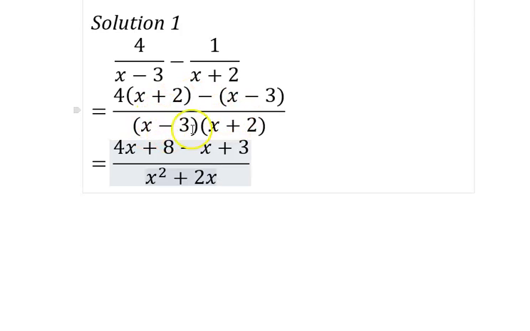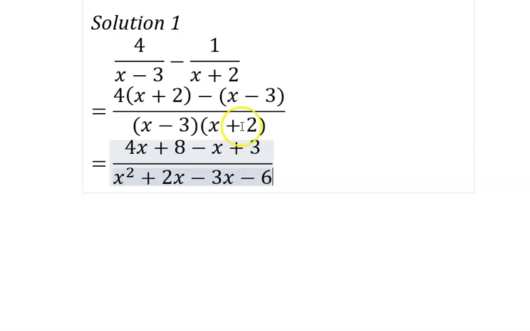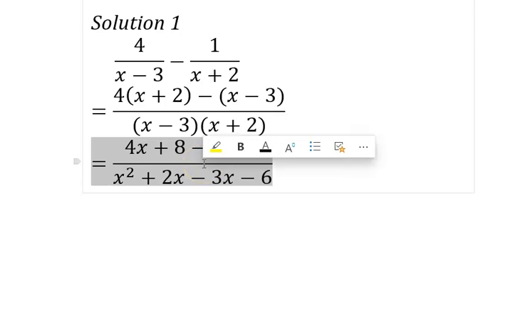We've been able to do for this. Now go to the next one. Minus 3 times x will give us what? Minus 3x. And minus 3 times 2 will give us what? Minus 6. Beautiful. So we open up the brackets for the numerator and the denominator.